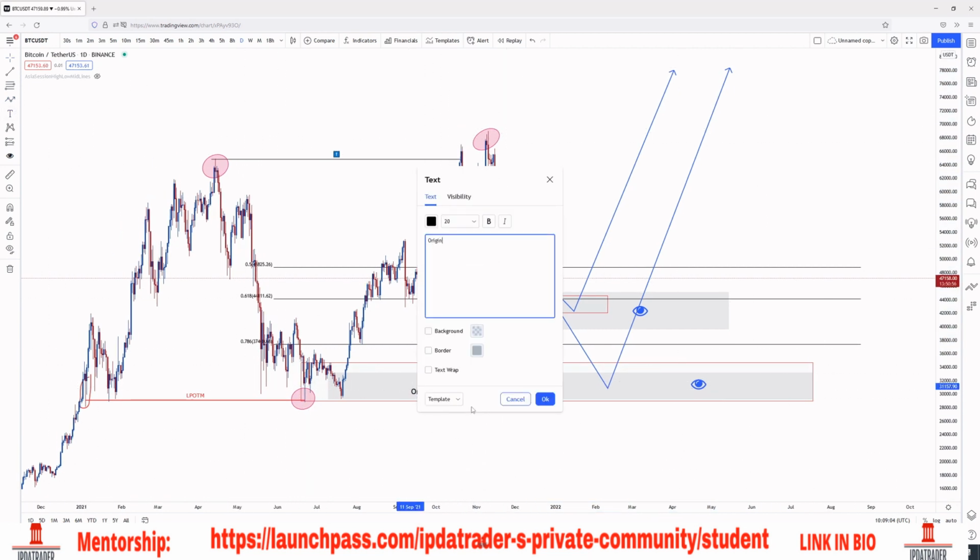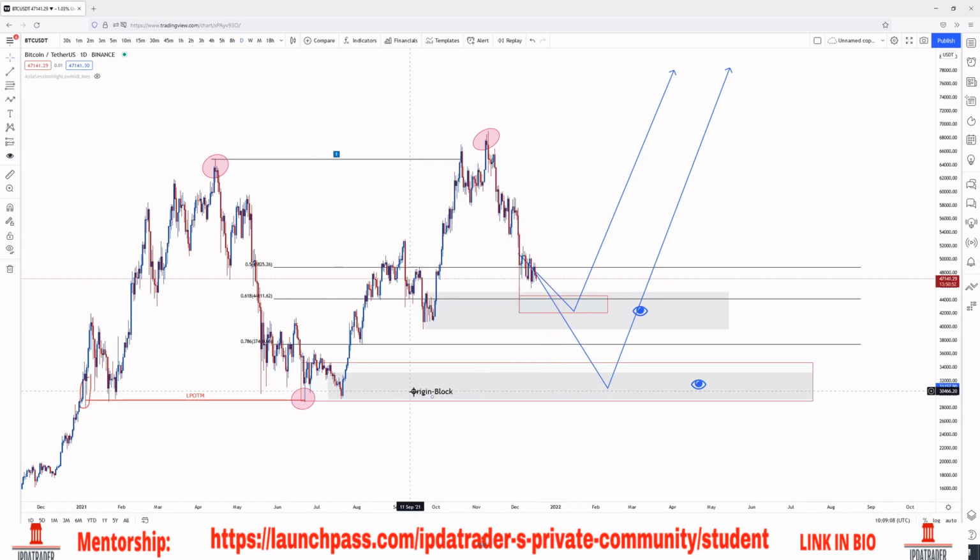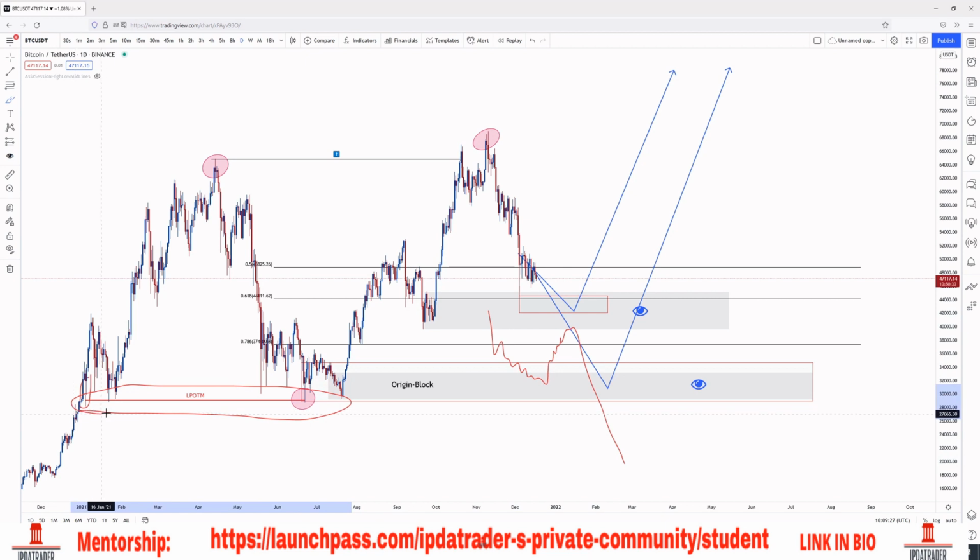You can say to yourself, hey, this is the origin block. As price is hitting this block, there is a very high probability that A, we're going to be seeing mitigations away, right? We tap that, we move away, or B, we're going to be rather mitigating a little bit of that and then dropping lower, because once again, we do have liquidity over here. This is what's confusing me at this point.